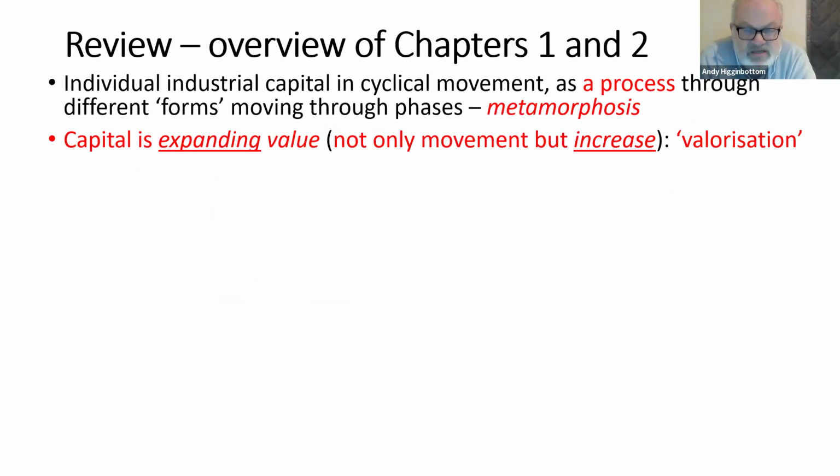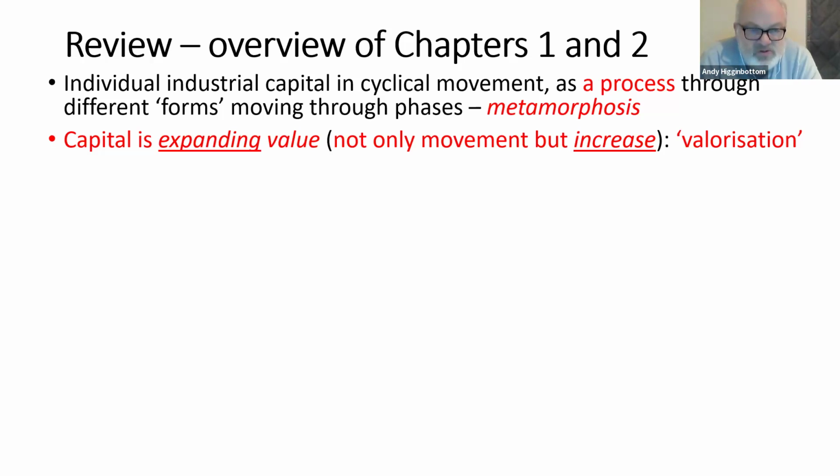But what Marx is actually saying is, in order to play that role, industrial capital has to go through other stages in its cycle. And so the emphasis is very much on how it transitions from one stage to another. Marx presents this as a process through 3 distinct forms, and you have a metamorphosis going through them.